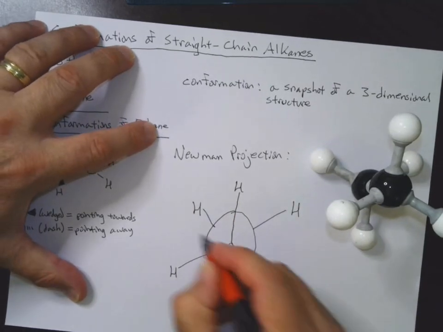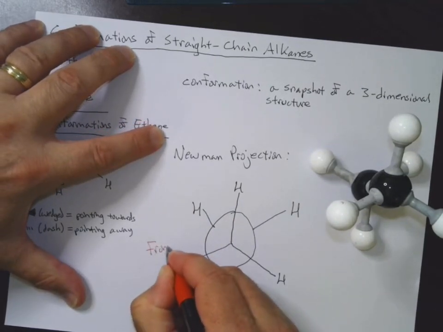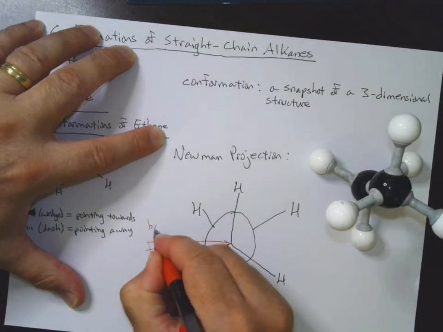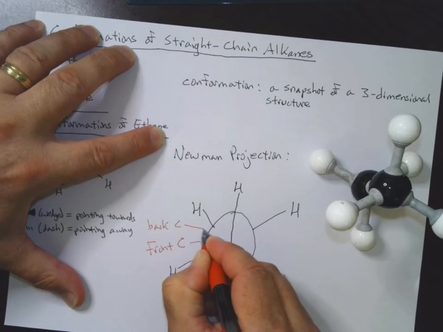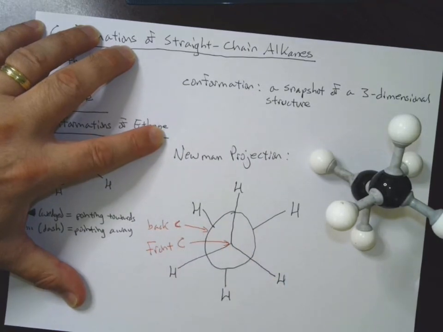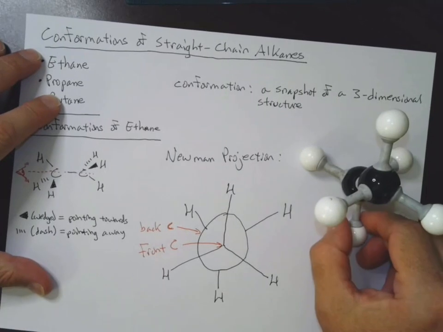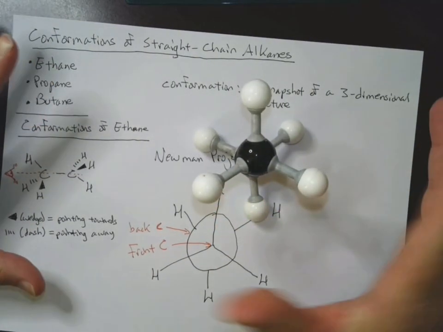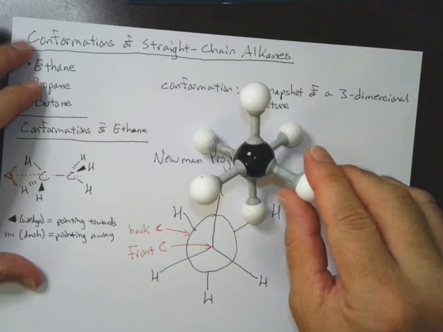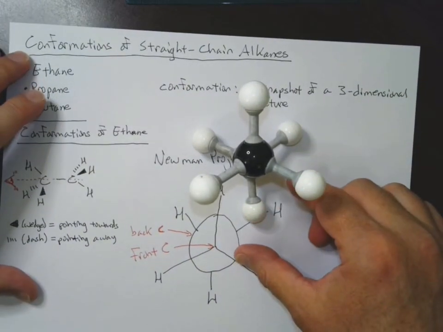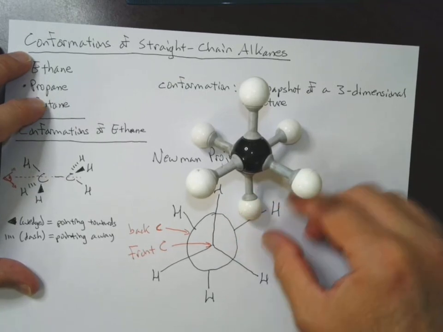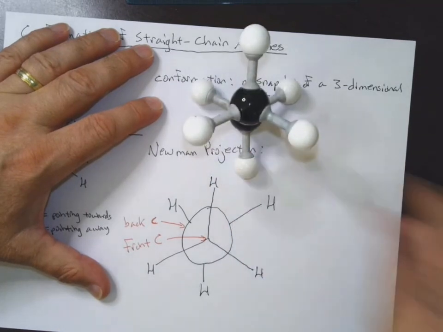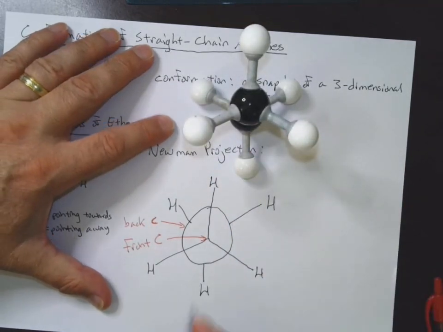So I have my front carbon and my back carbon. So I figure I'll go over this in a little bit more detail than we did in class, because that was just kind of quick and helping you guys be able to do the lab. So this is a Newman projection, and in this particular conformation we call this staggered.